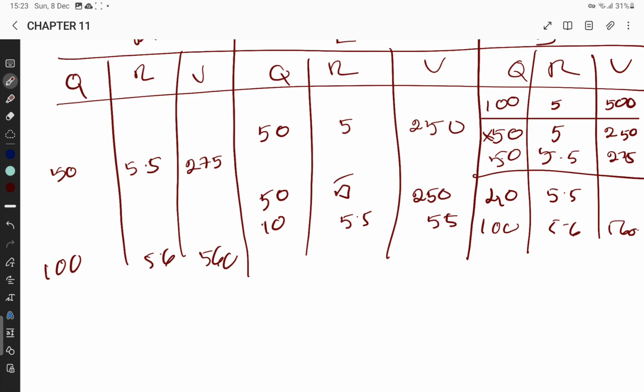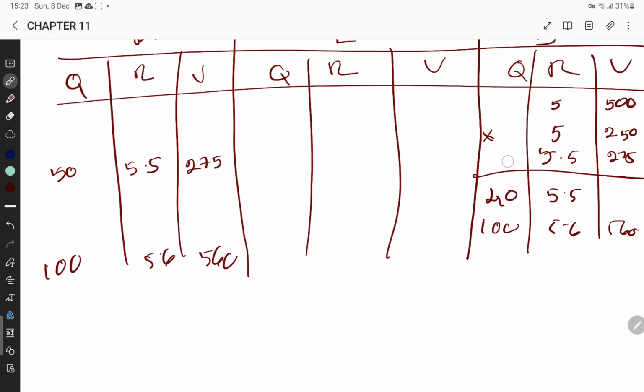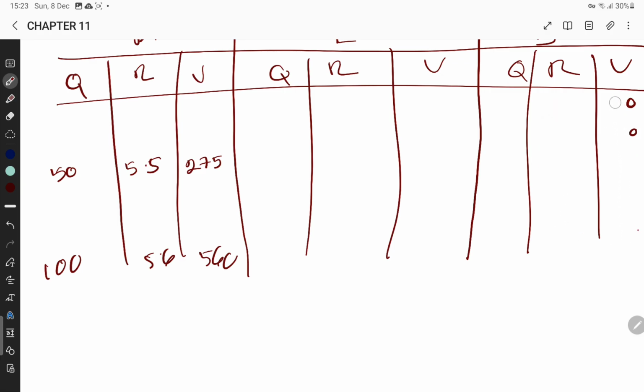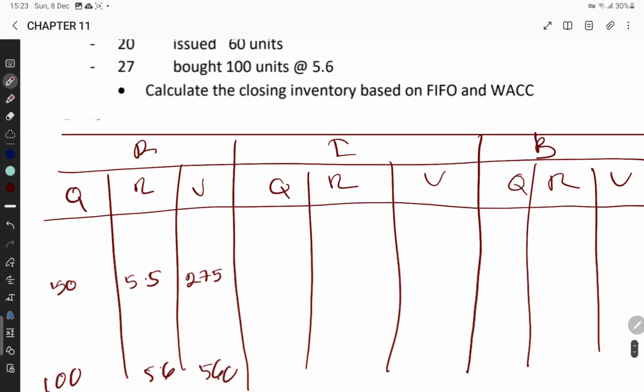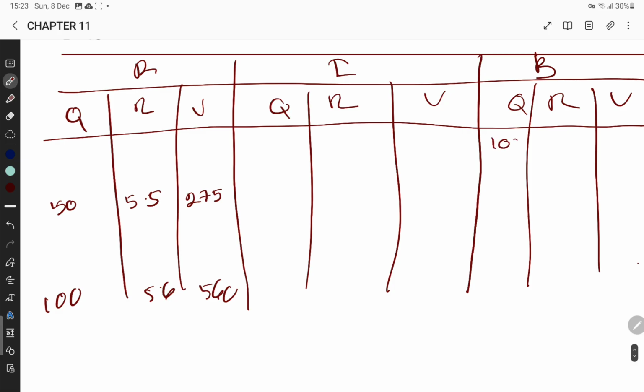Okay. So now I'm going to explain you all the weighted average method. 100 units at the rate of 5, 500.